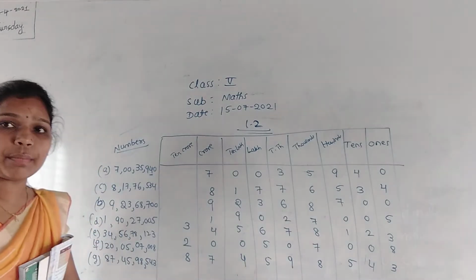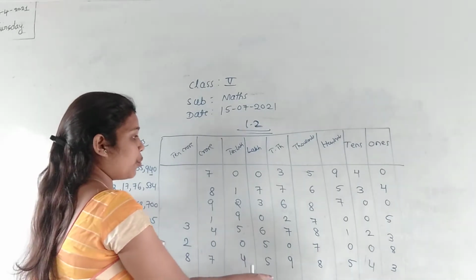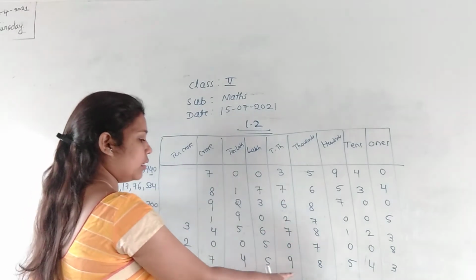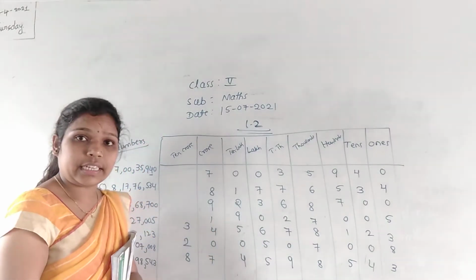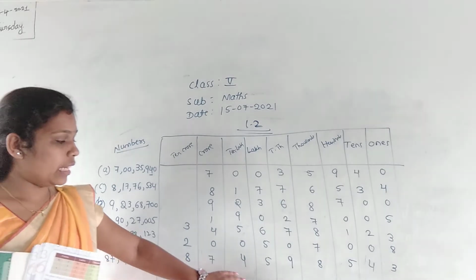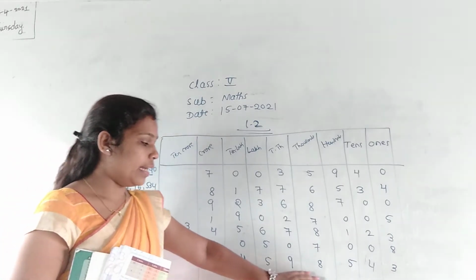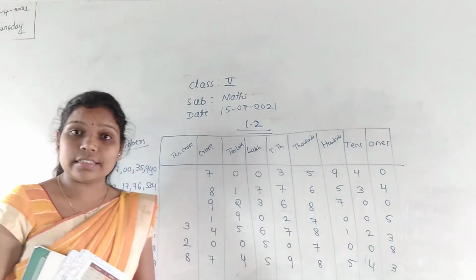So how to read this number here? 87 crore 45 lakh 98,543. Understanding? 87 crore 45 lakh 98,543. That is the number.